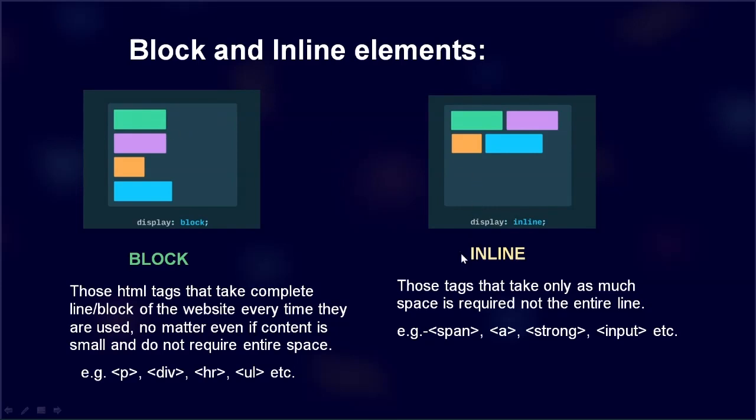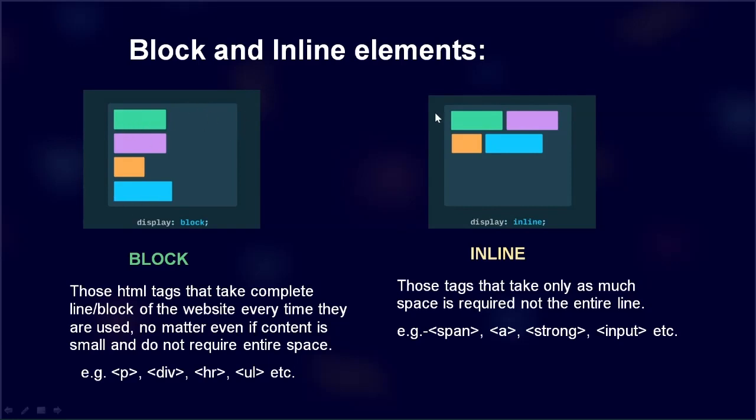Whereas inline elements are those which take only the space that is required by them, and the remaining space will be taken by other tags, other elements, if the space is sufficient for them to be placed. Okay, you can see there all the 4 boxes, the 4 different tags are on a new line. Even though the spaces are empty, the next one cannot come here because this tag is a block element and it has taken the entire block.